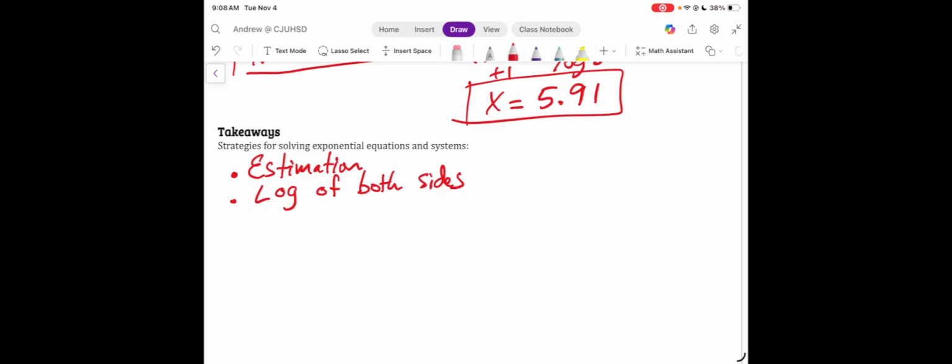You want to leave as much as you can in your calculator. In other words, you don't round off in the middle of a problem. You'll always round at the end.